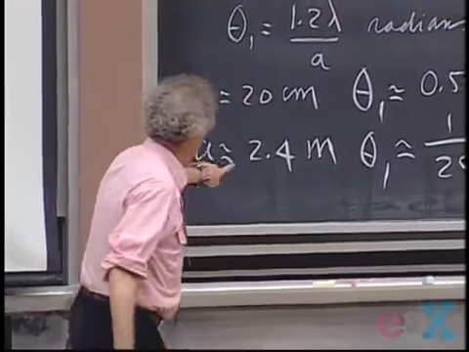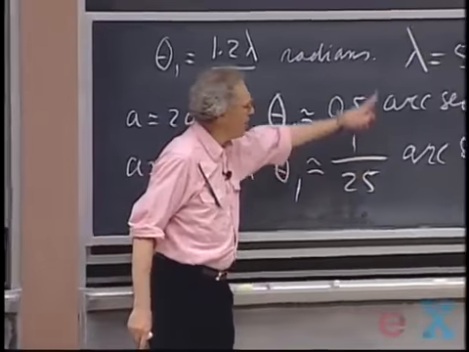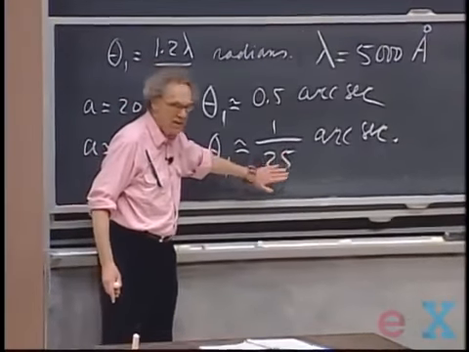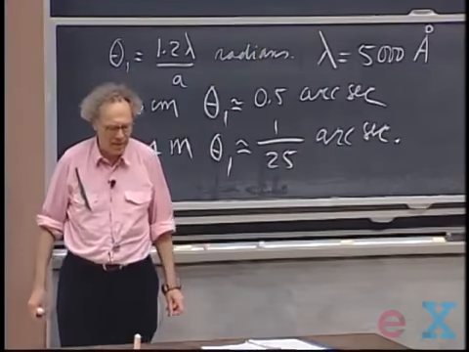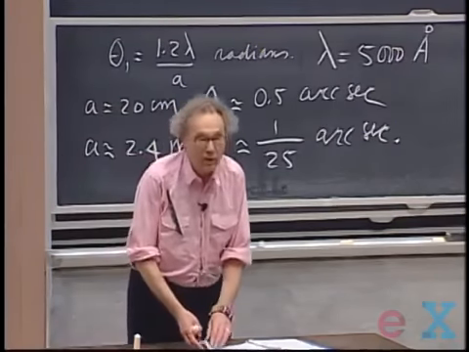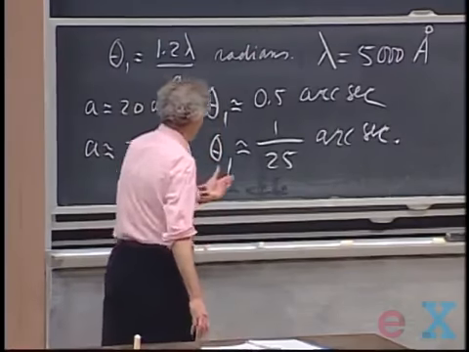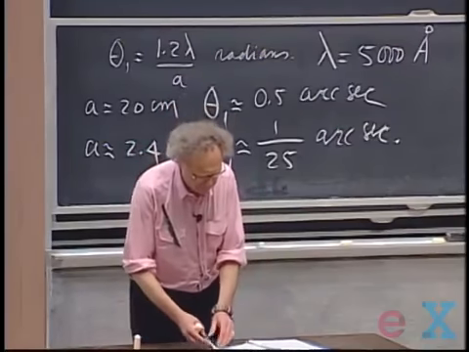And Hubble has a mirror which is 2.4 meters in diameter. And indeed, at 5,000 angstrom, I checked that yesterday with people at the Hubble Space Telescope, Hubble is diffraction limited, and has an angular resolution at 5,000 angstroms of about 1/25 of an arc second. And at shorter wavelengths, it's even better, and at longer wavelengths, it is a little worse.